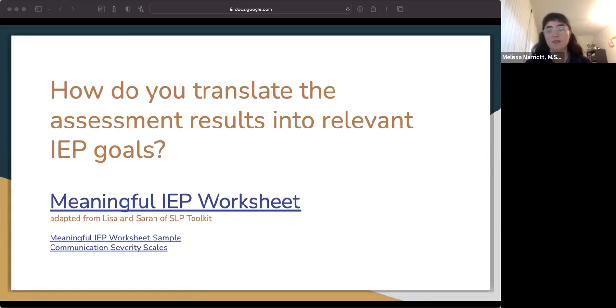If I have a student who did really poorly, like first percentile on idioms, that doesn't mean that having a goal on idioms is going to be functional for that student. The Meaningful IEP Worksheet is how I think about what is going to create a relevant and functional skill set for this student.